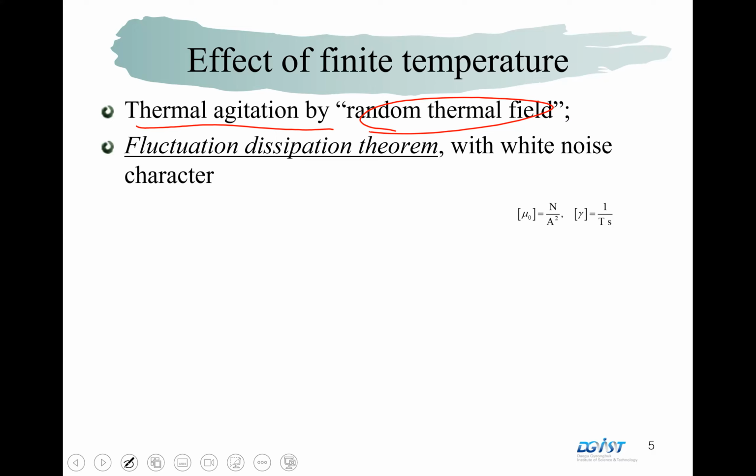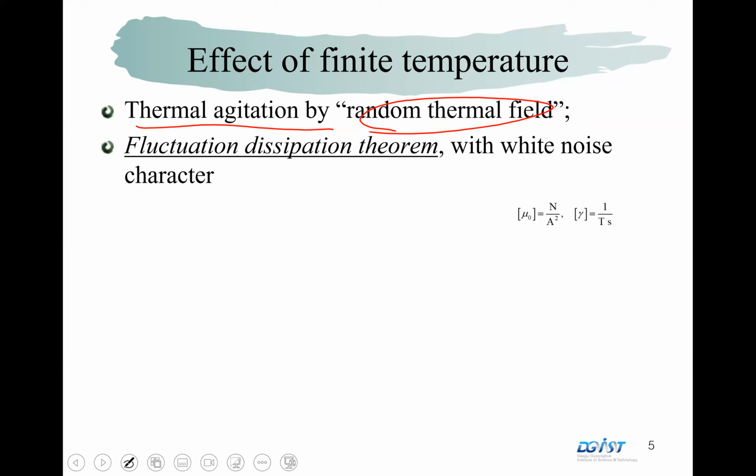Yeah, temperature is related to a kind of ensemble average. If you have only one particle or two particles, you cannot make a meaningful ensemble average. But if you have a system with a certain number of particles, then temperature means the average of the kinetic energy of the particles.